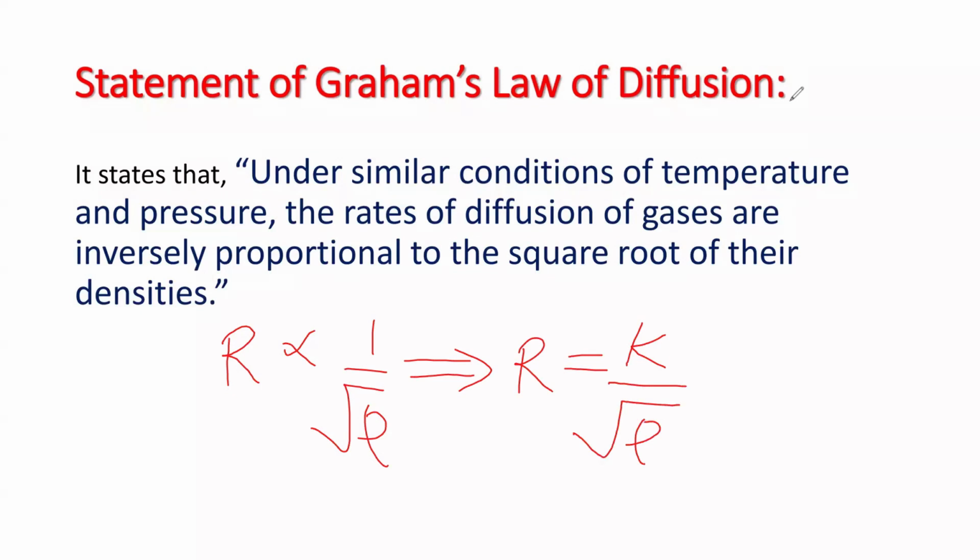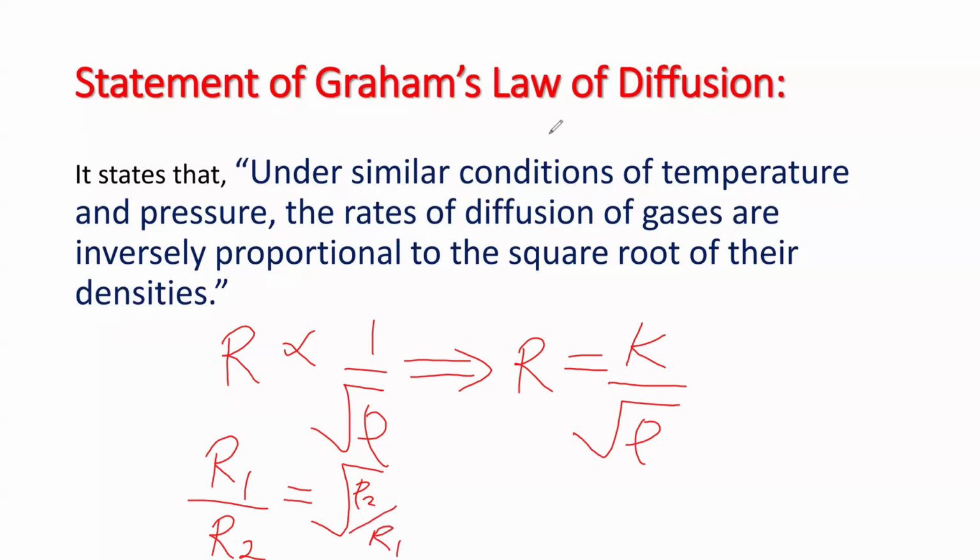And from here we can easily make K the subject of the formula, or we can have R1 all over R2 is equal to square root of rho 2 all over rho 1.